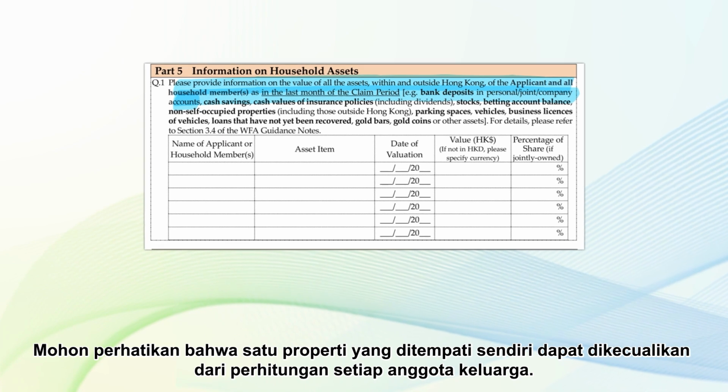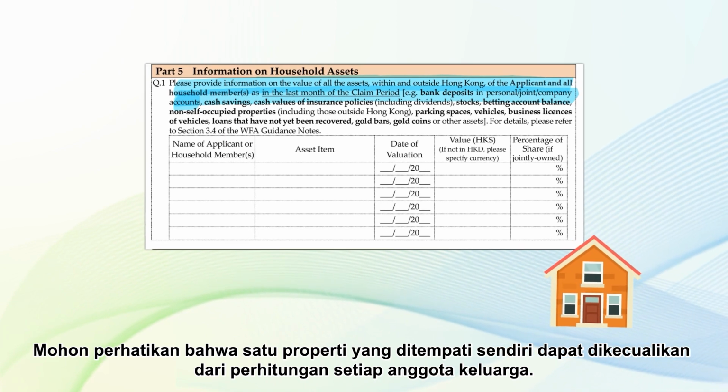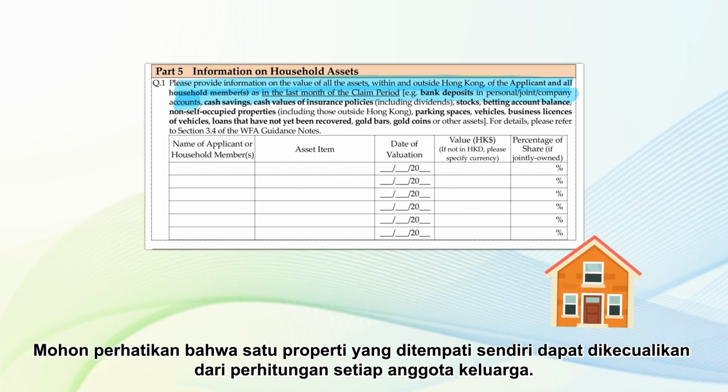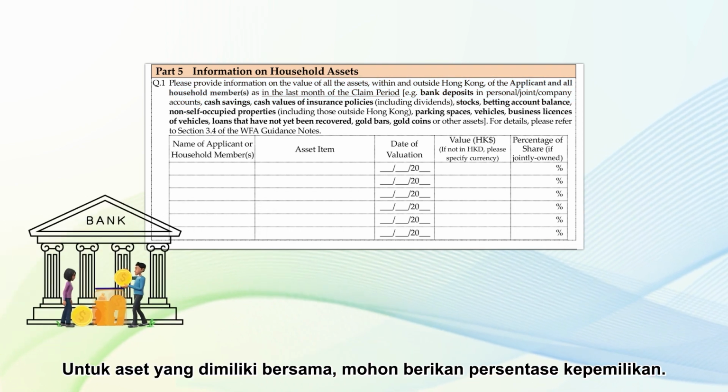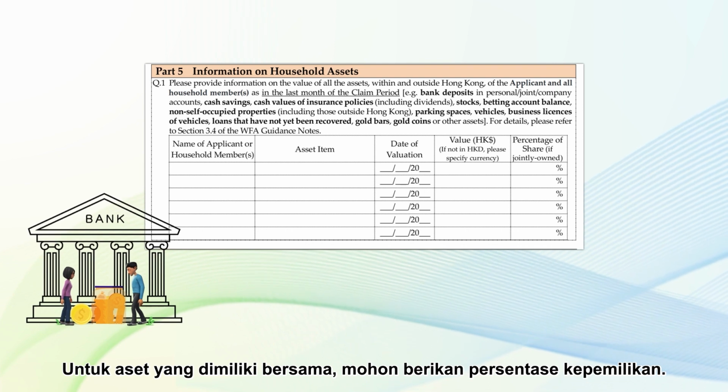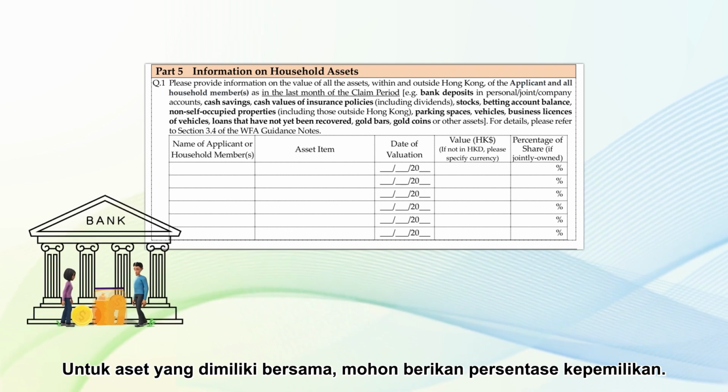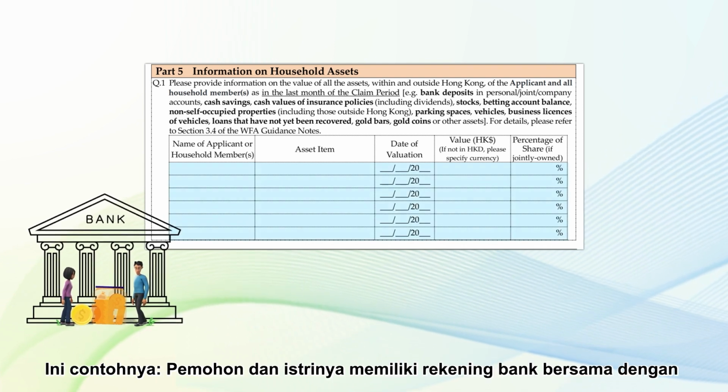Please note that one self-occupied property can be exempted from the calculation for each household. For a jointly owned asset, please provide the percentage of share. Here is an example.